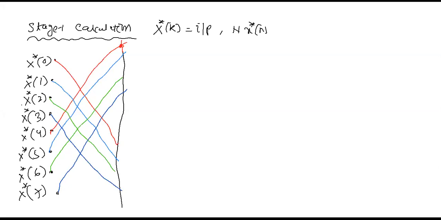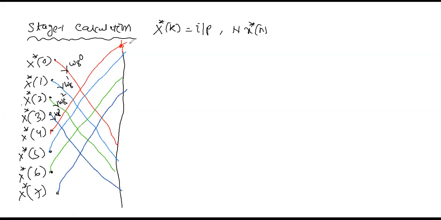This is same. So this is your omega 8 0. This is omega 8 1, omega 8 2, and this is your omega 8 3.